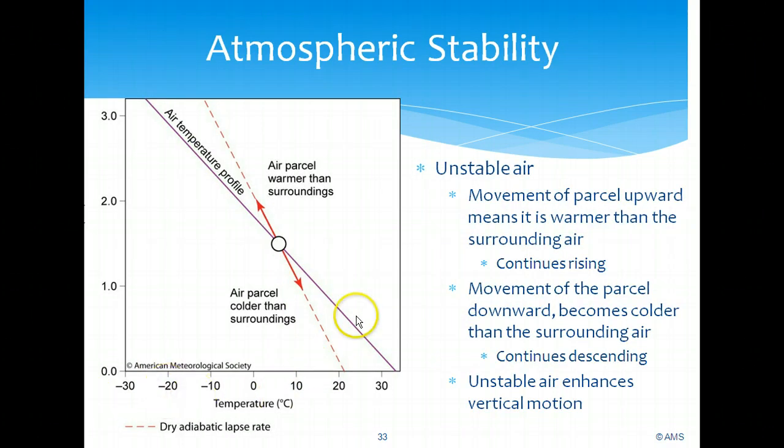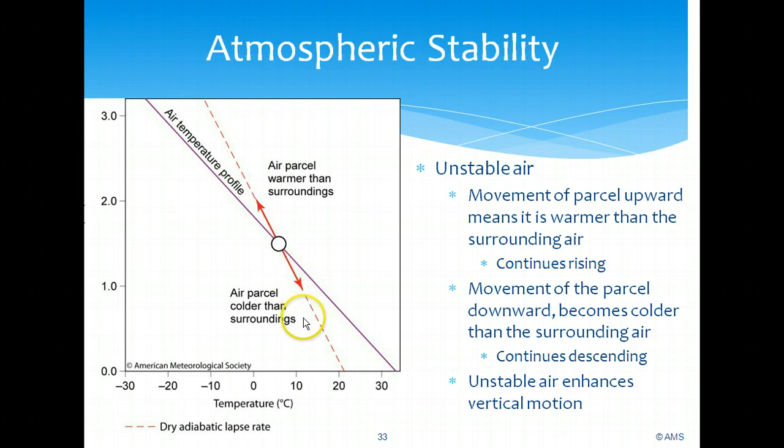Within an unstable air layer, an ascending air parcel remains warmer and therefore is less dense than the ambient air and continues to ascend.